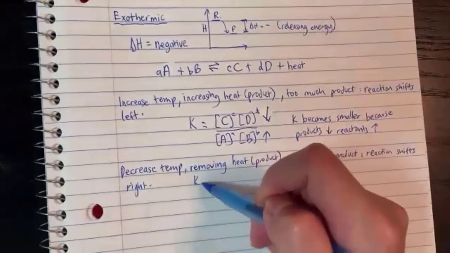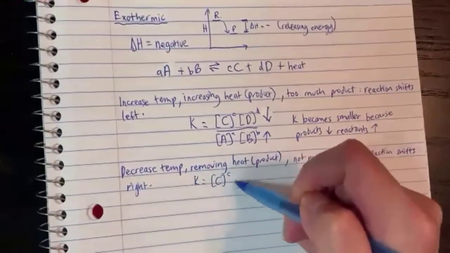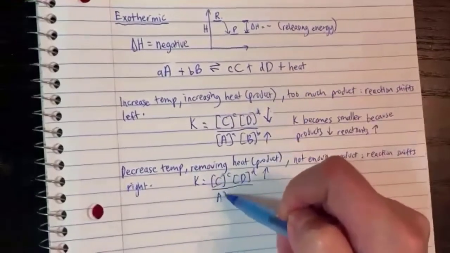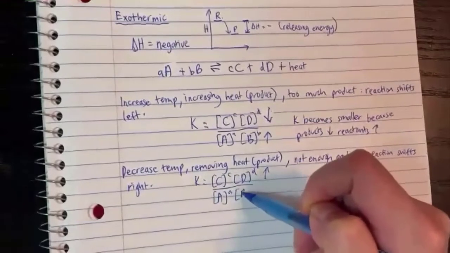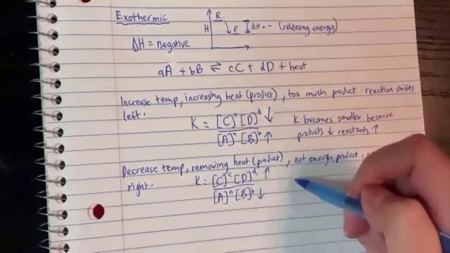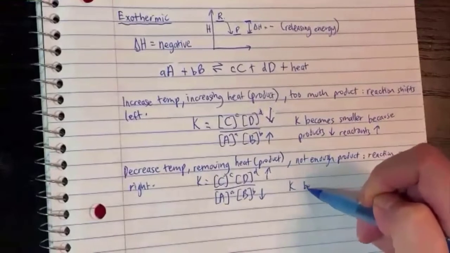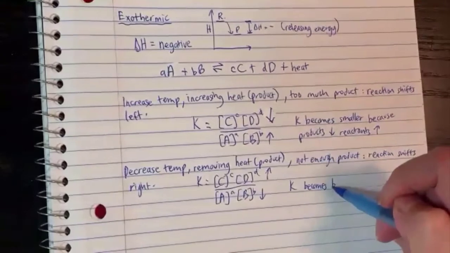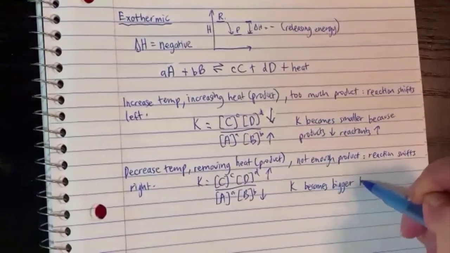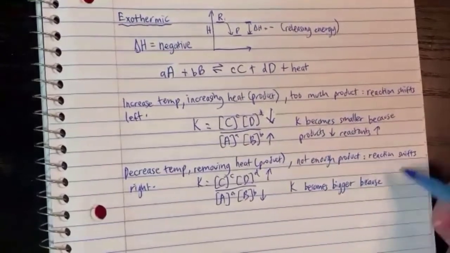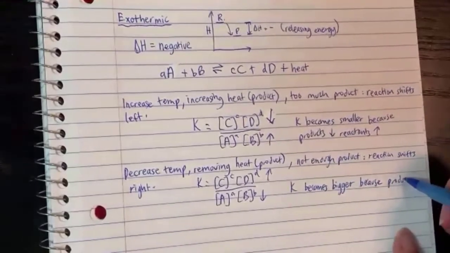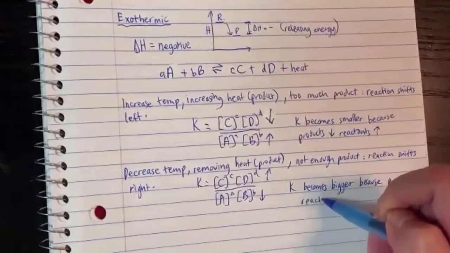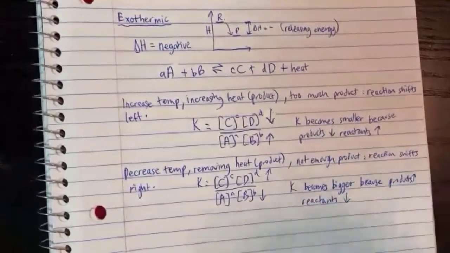Because it shifts towards the product side, your C to the power C, D to the power D is going up, and your A and B are going down. So in this case, K becomes bigger because products are going up and reactants are going down.